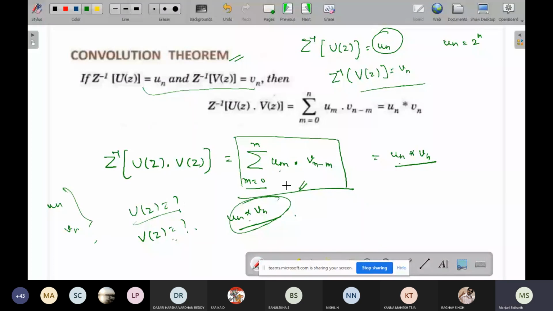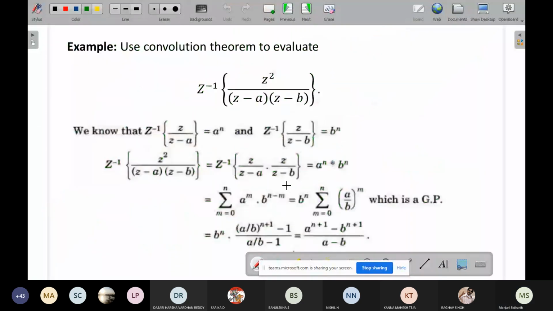Now an example: z square over (z minus a)(z minus b). Here it is given to use the convolution theorem, so you are not allowed to use the partial fraction method. How can you write it? z over (z minus a) into z over (z minus b), because only then will we know U(z) and V(z).